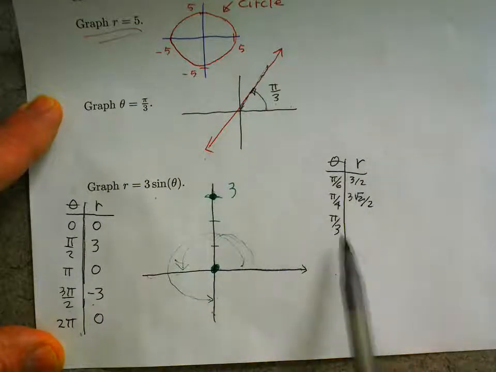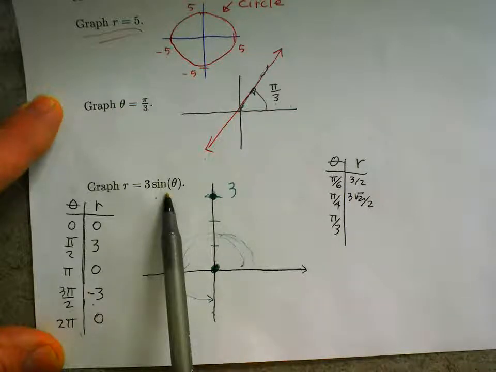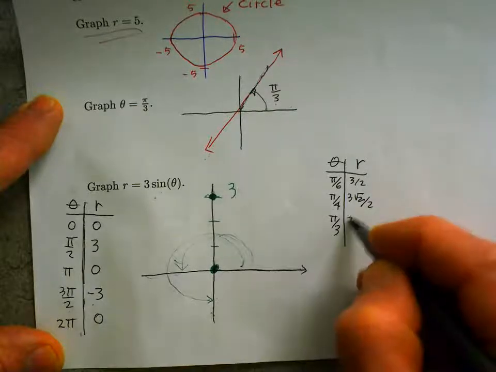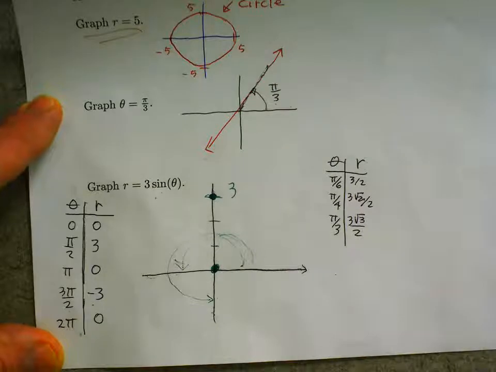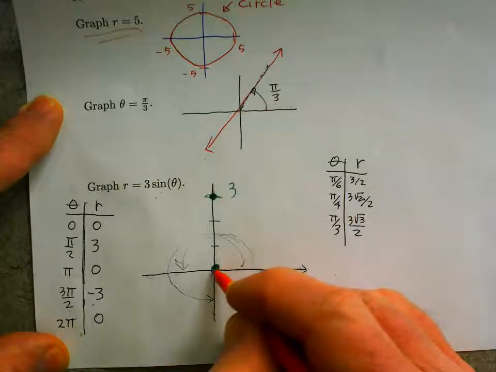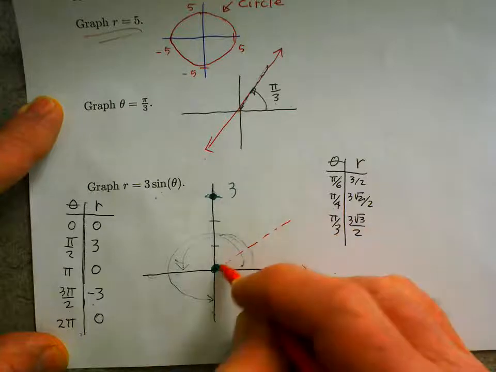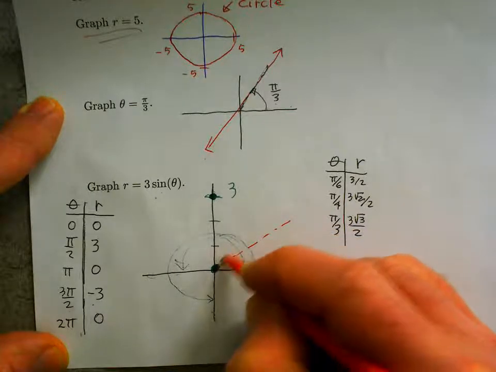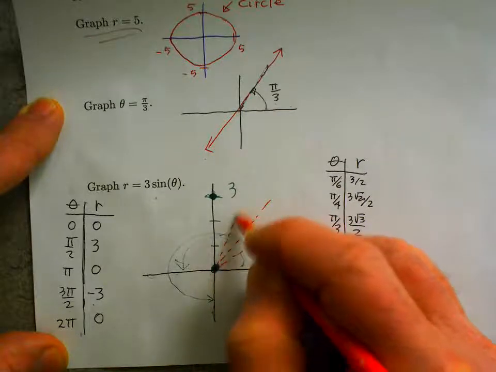When theta is pi over 3, sine of pi over 3 is the square root of 3 over 2. So 3 times the square root of 3 over 2. Pi over 6 is a 30-degree angle, pi over 4 is 45 degrees, and pi over 3 is 60 degrees.